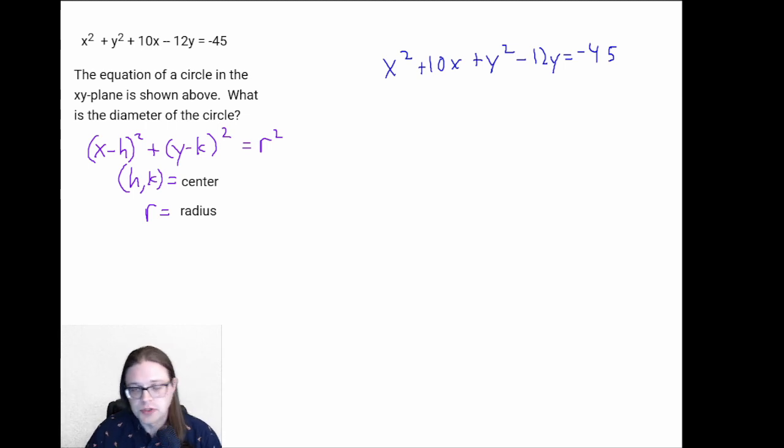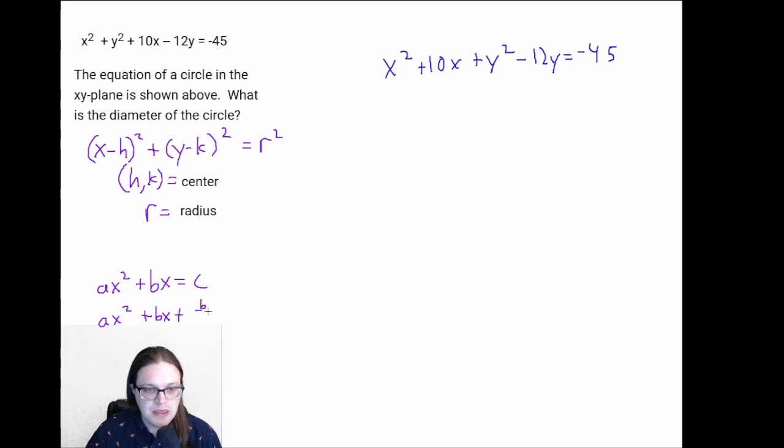So, a bit of a refresher on completing the square. If you want to complete the square for any equation in the format of ax squared plus bx equals c, bring purple back up, you would do ax squared plus bx plus b over 2 quantity squared equals c plus b over 2 quantity squared.